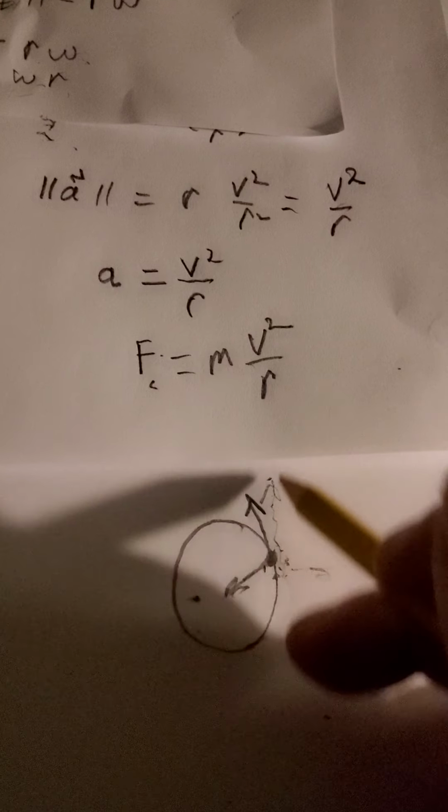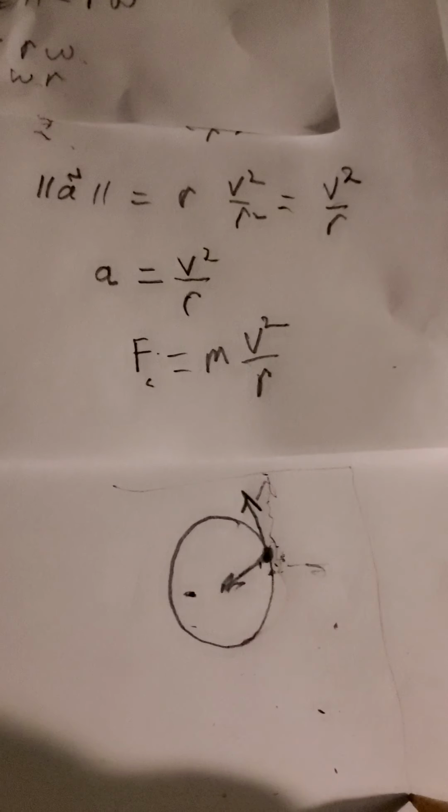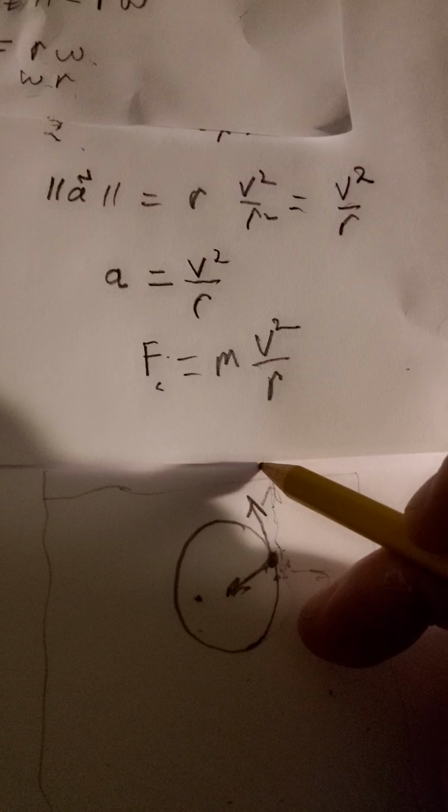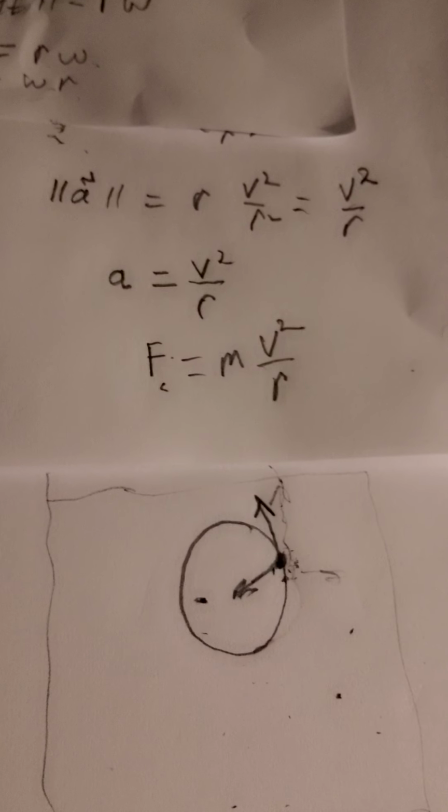You would not fly this way. And say if there's a wall around here, you would fly straight into the wall this way. So people need to get that out of their head, that there's such a thing as centrifugal force.